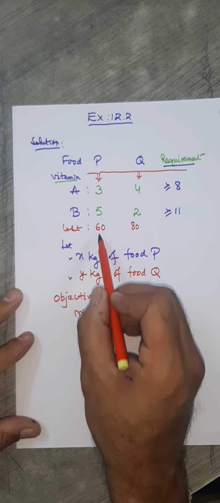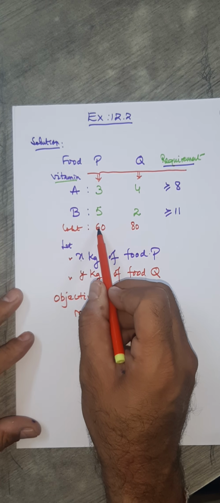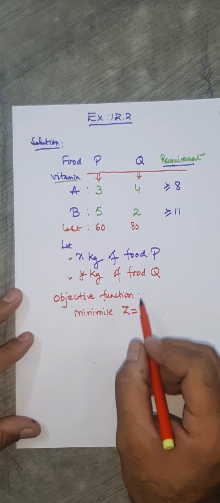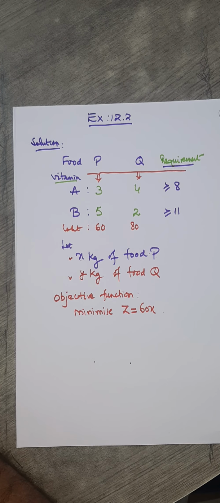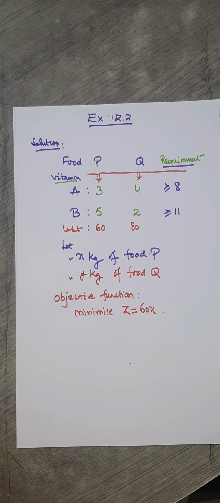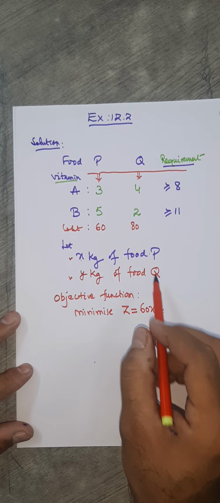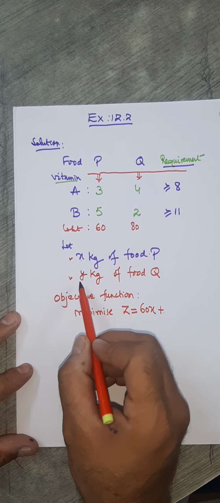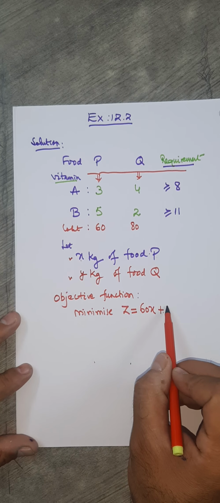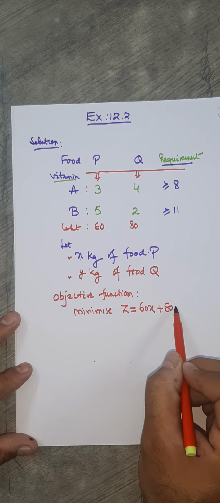Now, we have taken x kilograms, so total cost for food P will be 60 into x. Is this clear to you? And for the other one, plus 80 per kilogram for Q. How many kilograms have we introduced? y. So total cost for food Q will be 80y.